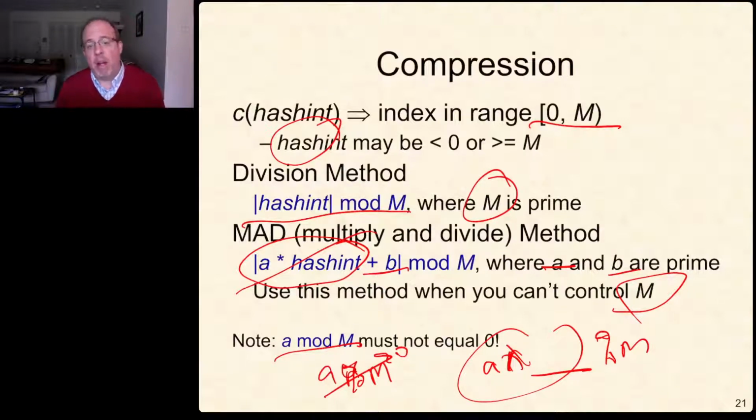So as long as we're choosing different numbers for A and M, or A is not a multiple of M, we're usually in pretty good shape. A is not going to be a multiple of M because A is prime, so as long as A and M aren't equal, we're in pretty safe territory.